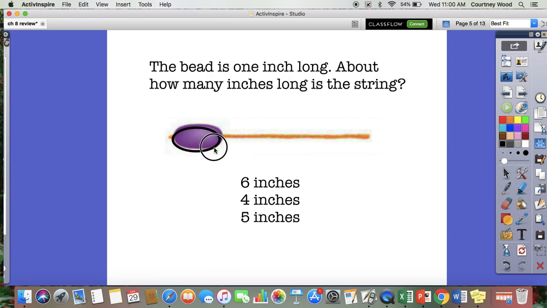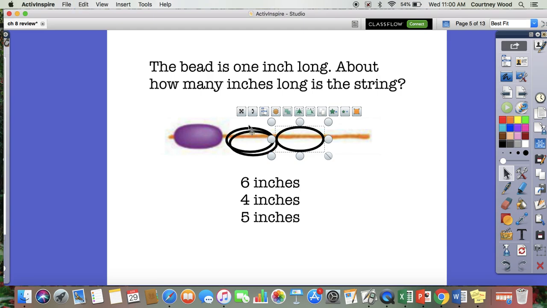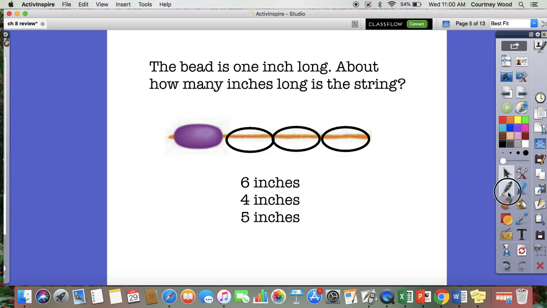So this first one we have to count. That's 1 and 2, 3, oops, 4. So about how many inches long is the string? 4 inches long.